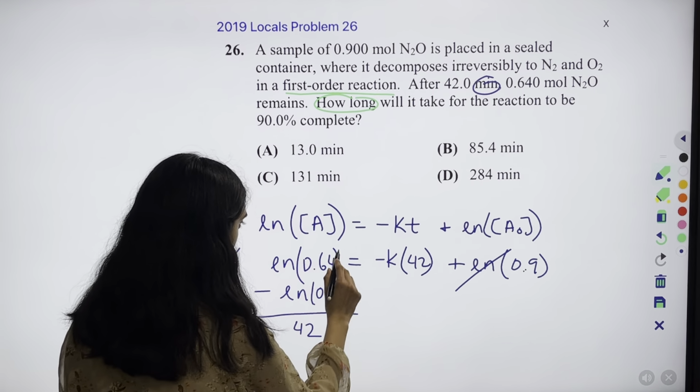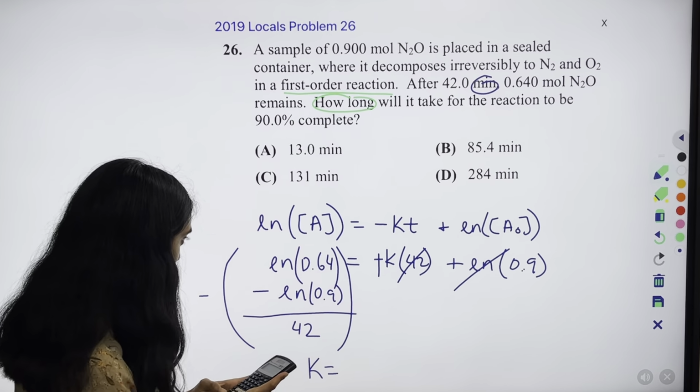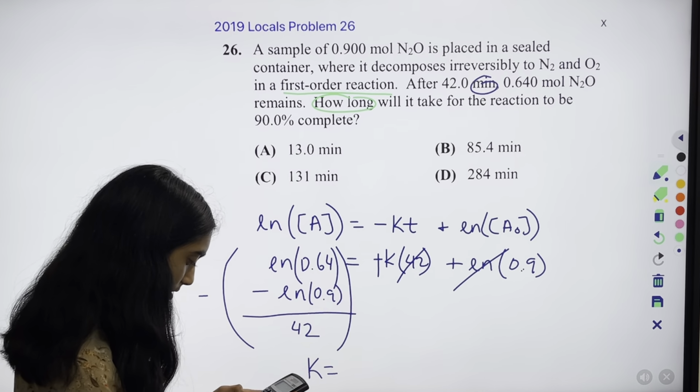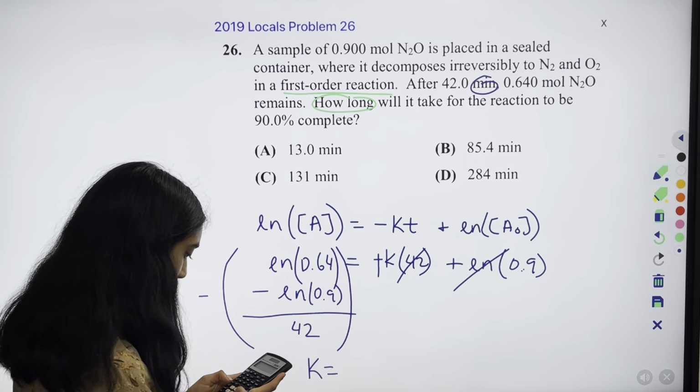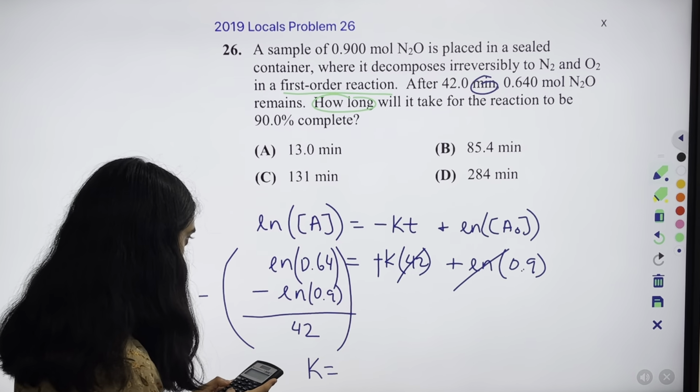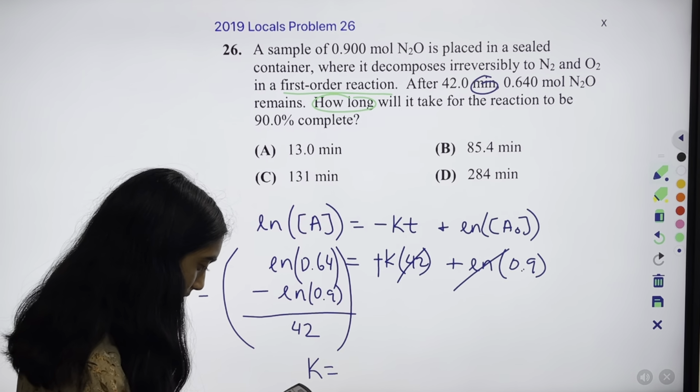And k should equal the natural log of 0.64 minus the natural log of 0.9. Okay, so that's equal to something, and then we divide by 42.